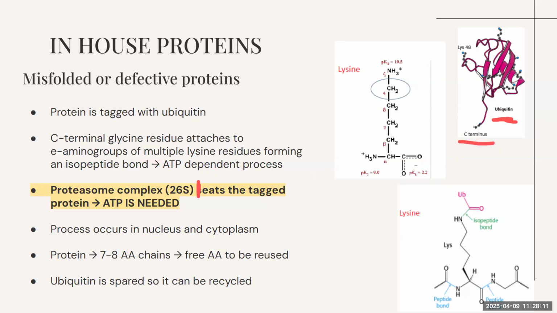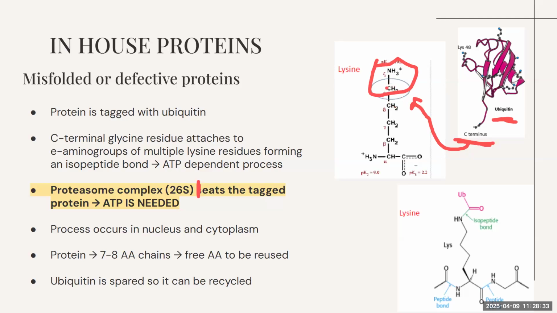Now, the C-terminus of the ubiquitin attaches to the lysine residues, the amino group specifically, which is this. Like you can see over here, this is the ammonia, this is the epsilon carbon. The C-terminus attaches here.